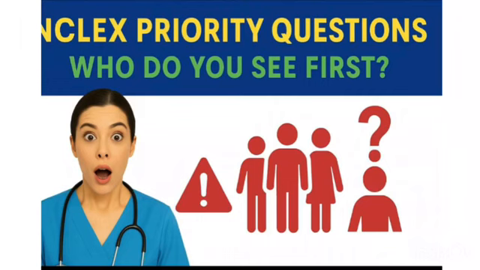We'll break down each scenario step by step, using ABCs, Maslow's hierarchy, and test-taking strategies to make sure you'll never second-guess yourself on exam day. Stick with me until the very end. I promise, by the time we finish, you'll feel way more confident in tackling any priority question the NCLEX throws your way. Let's get started.